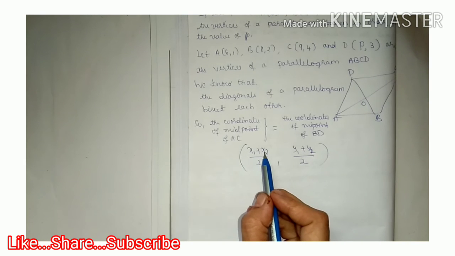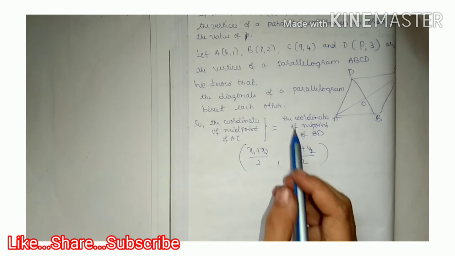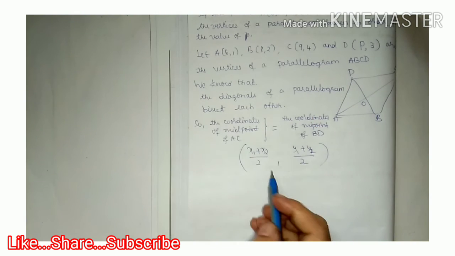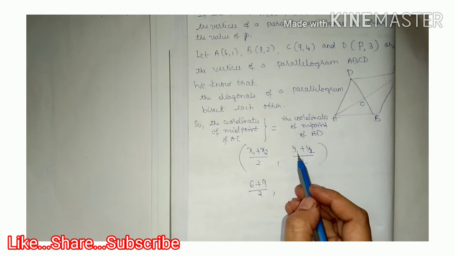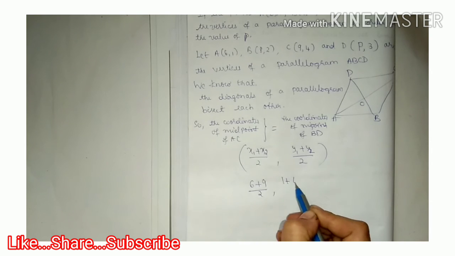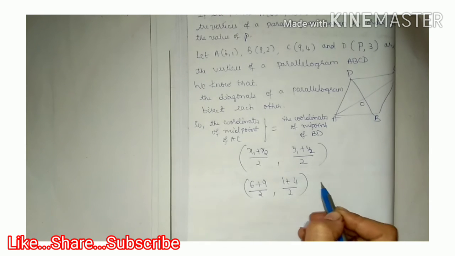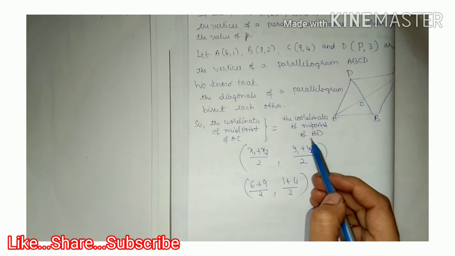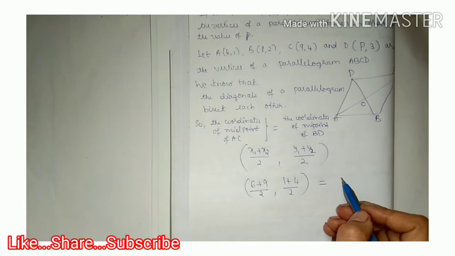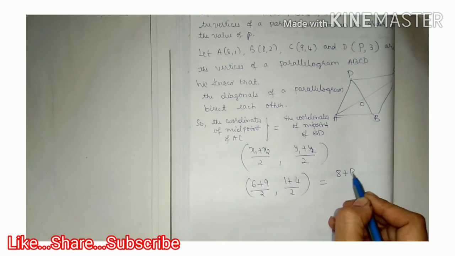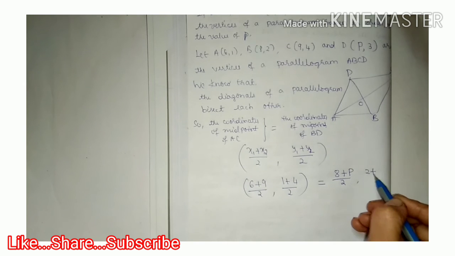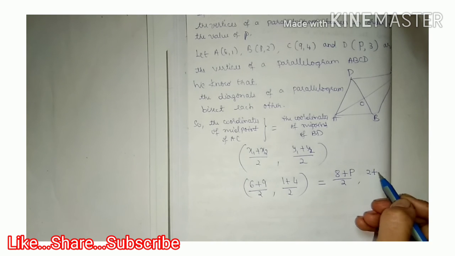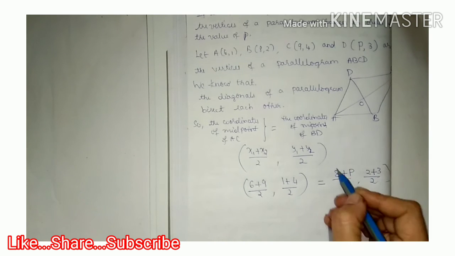Here for AC, x: (6 plus 9)/2. Similarly y: (1 plus 4)/2 is equal to the midpoint of BD, (8 plus P)/2, (2 plus 3)/2.